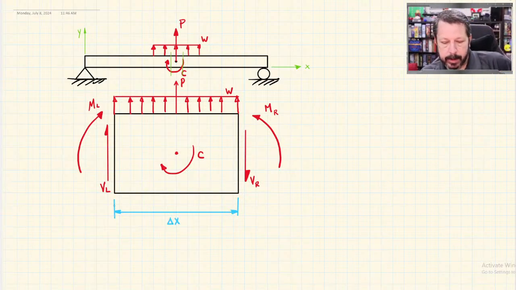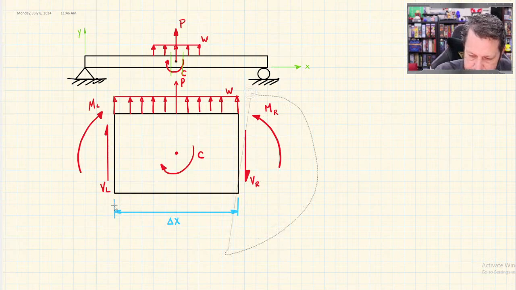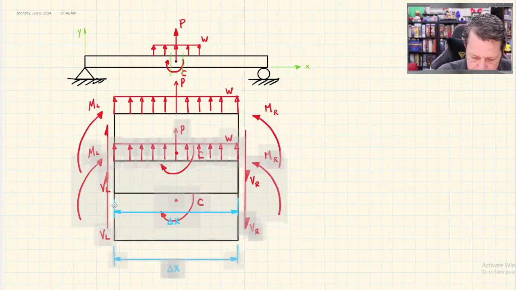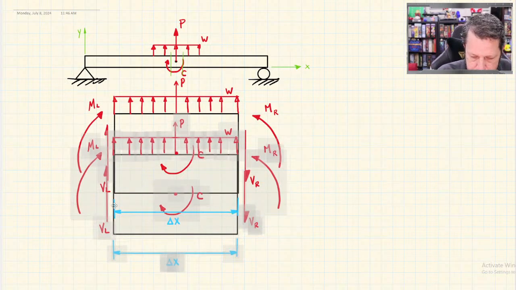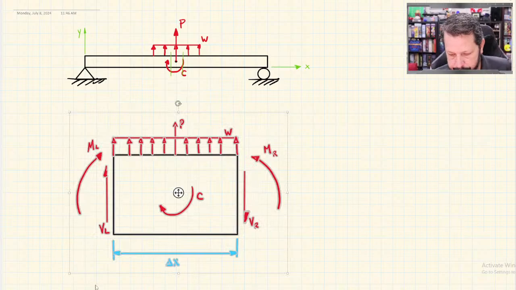Okay, I think that's most of what I'm going to do. It looks like it's overlapping a little bit here, or close to overlapping, so I'm going to move it down just a little, just to get it away from that other stuff.